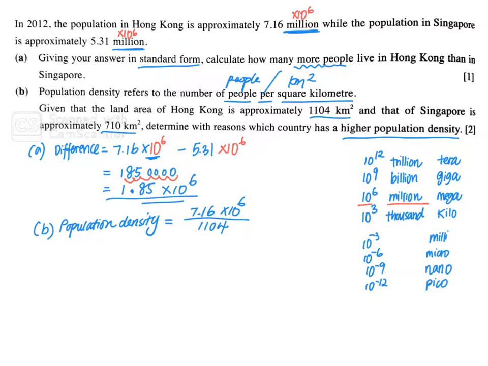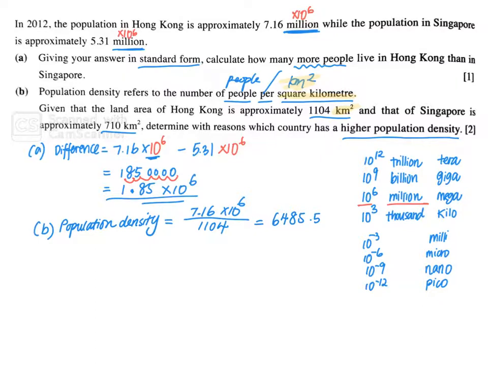So notice that the units here are the same, right? So we don't need to do any unit conversion, and we can try to get our answers directly. For this part of my answer, on my normal mode I got 6485.5, people per kilometer square.